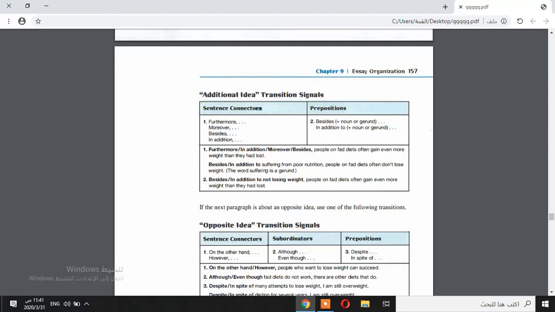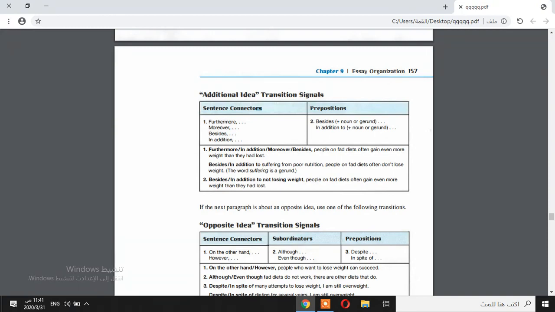You need to know that these sentence connectors start the new sentence. This means that they add an idea to a previous sentence, a sentence that is mentioned before. Most probably, almost always, they are preceded by a semicolon or by a full stop.